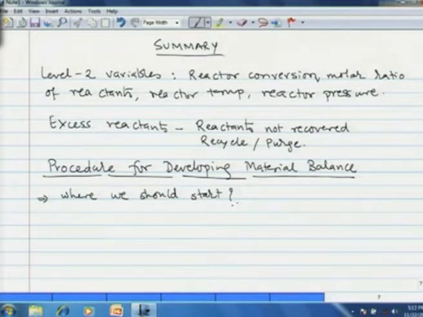In case of grassroots plants, which are built from scratch, the production rate of the product is the beginning point or starting point for the material balance calculations.